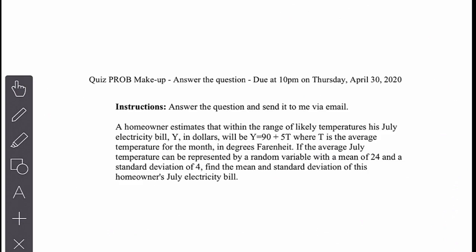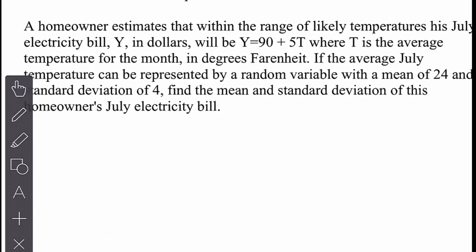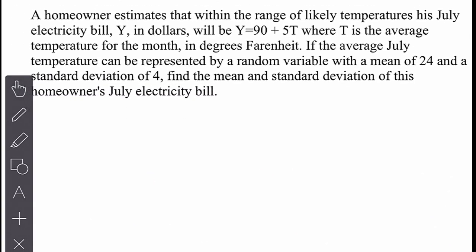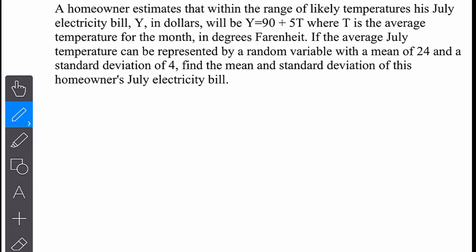So that's how I knew what to do. Okay, this one. I think this one was all right. I gave you one like this before, or we did it in one of the reviews. Okay, this is probability, and you're being asked to use the rules of means and variances.